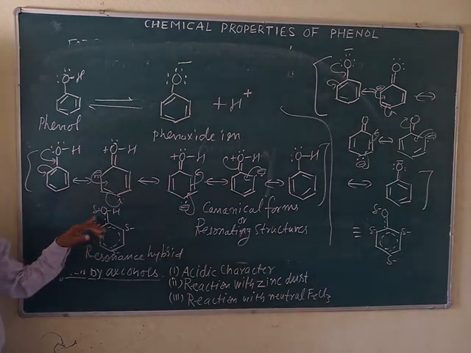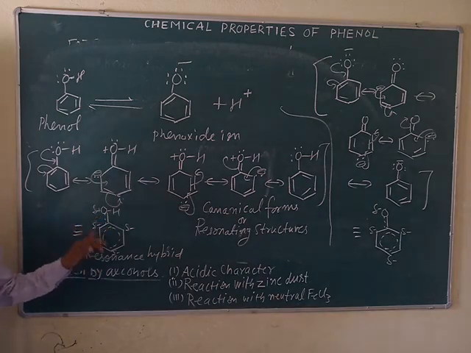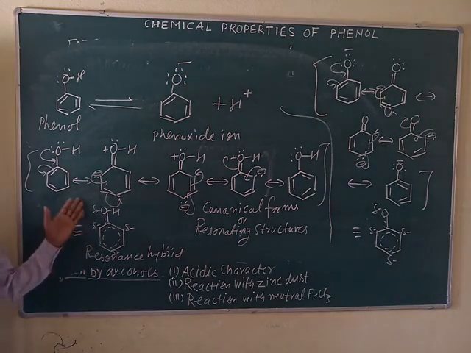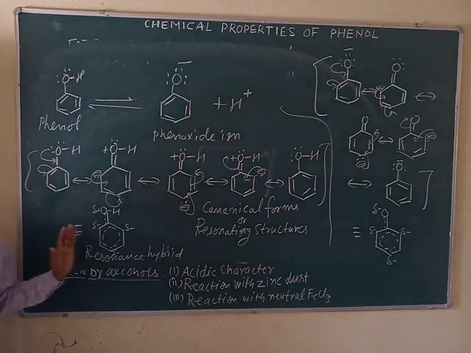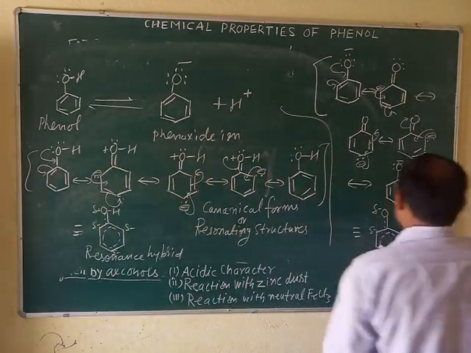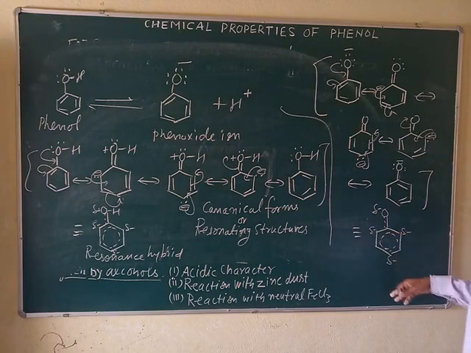A partial positive charge is present on the more electronegative oxygen atom, and a negative charge on the less electronegative carbon atom. This is an unfavorable structure which is highly energetic. That's why phenol is less stable in comparison to the phenoxide ion, in which there is no charge separation.